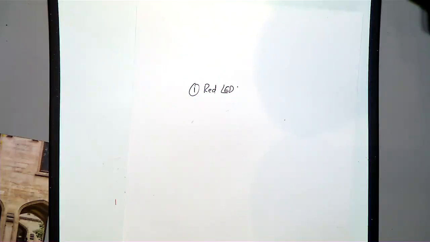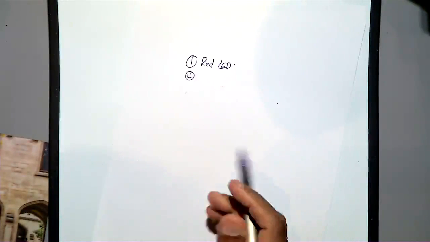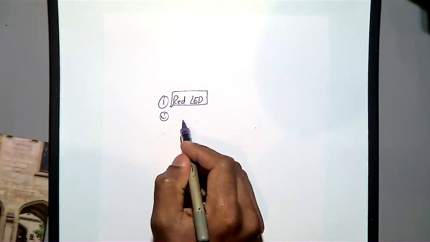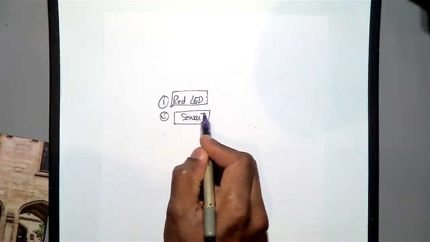Then you have to measure the temperature of the room, so you should think, some sensor is required. You need a temperature sensor. Then you can draw the block level: this is one block, and the second block is a sensor to measure the temperature.